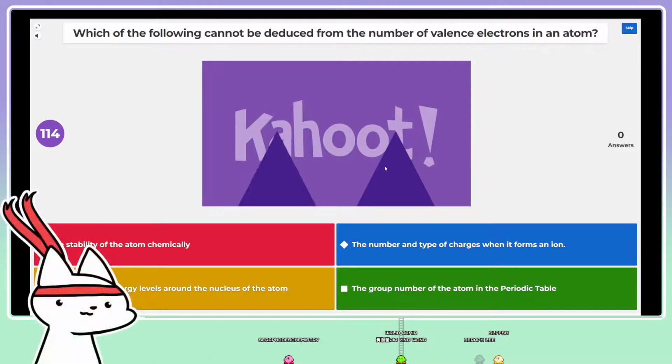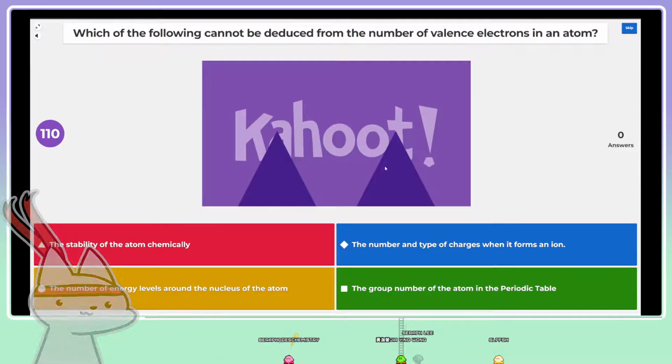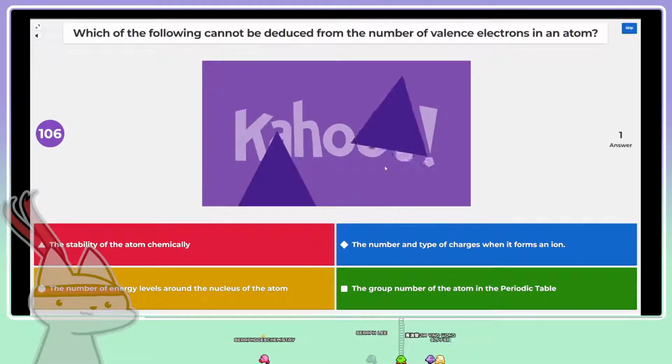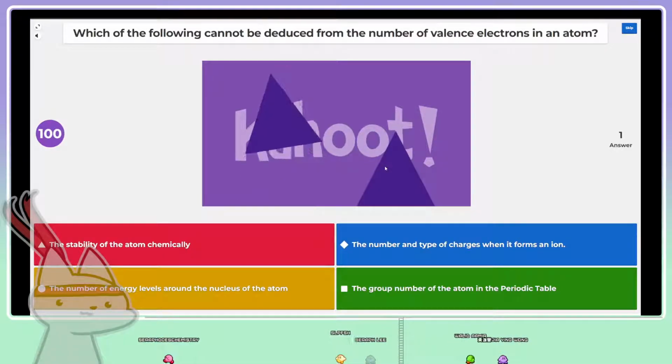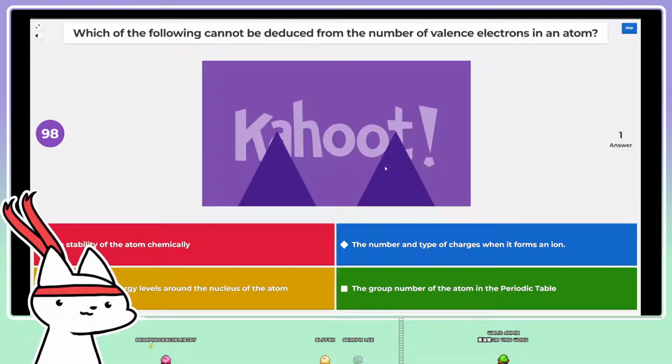Be careful, this is which of the following cannot be deduced, yeah? So cannot be deduced from the number of valence electrons.